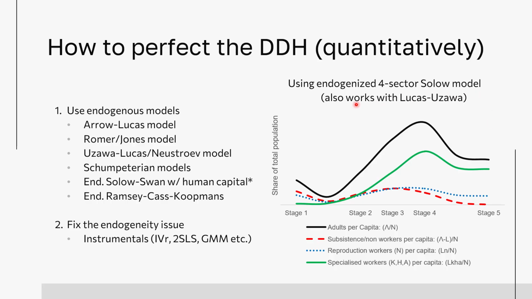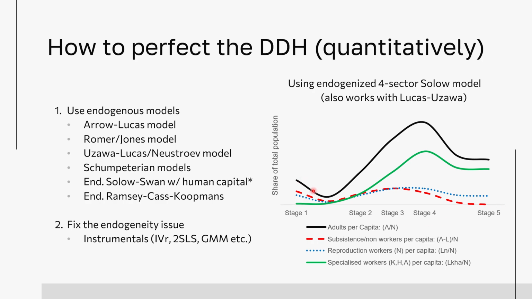Now, finally, in terms of quantitative perfection, you would want to basically synthesize this chart here. So the black line we take from the work of Bloom and Canning, and I think this is from the Bloom and Williamson paper, although it may have come up earlier. Effectively, share of the total population on your y-axis, and on your x-axis, you have the demographic stage or time.